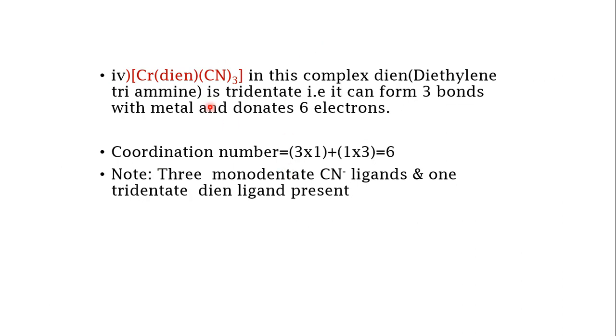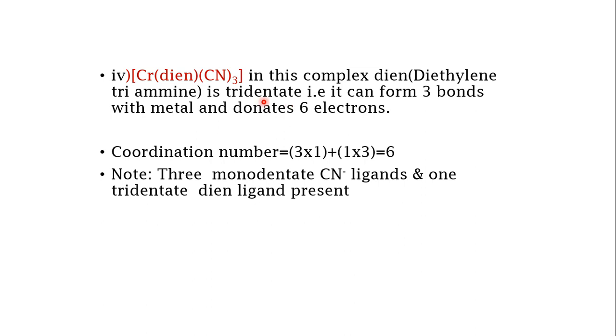Then you have Cr(dien)(CN)3. In this complex you have diethylenetriamine, which is a tridentate ligand, so it can form 3 bonds. There are 3 donor atoms connected to the metal center.